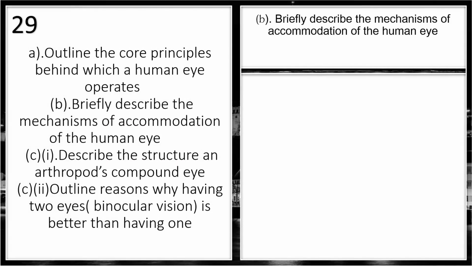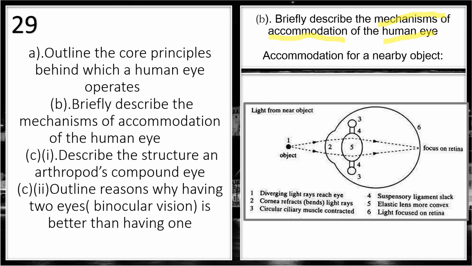Part B, briefly describe the mechanism of accommodation of the human eye. Accommodation for the nearby object.